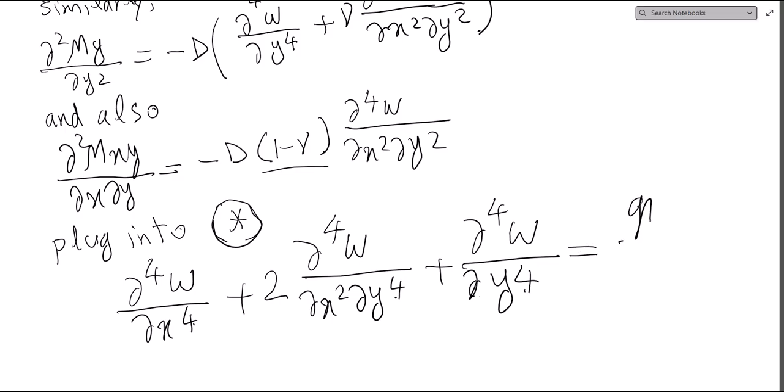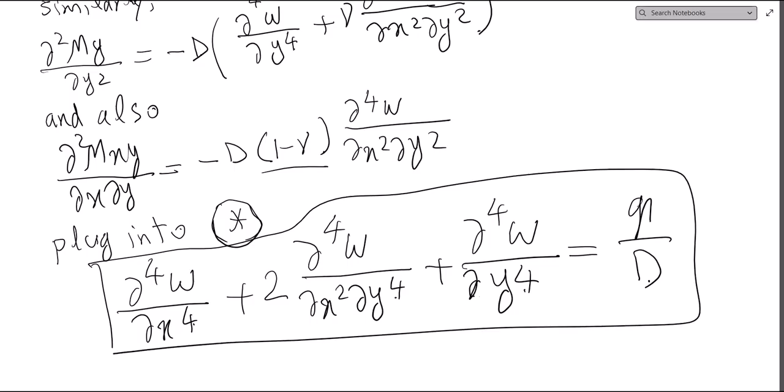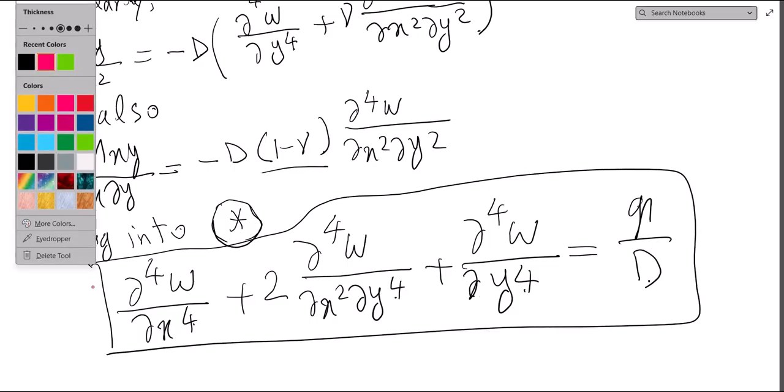And q and D go to the right. So maybe I double box it here.